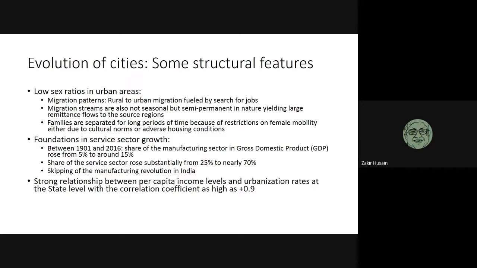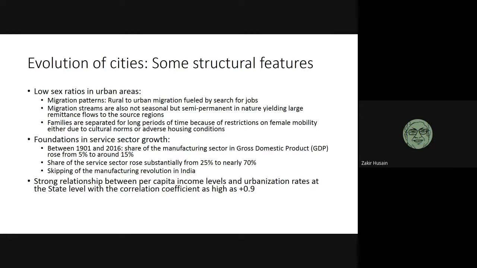So if you look at the evolution of cities, starting from the British rule, we will see that there are certain structural features. Urbanization in India, to a large extent, is fueled by migration. And in India, there are two main reasons for migration.